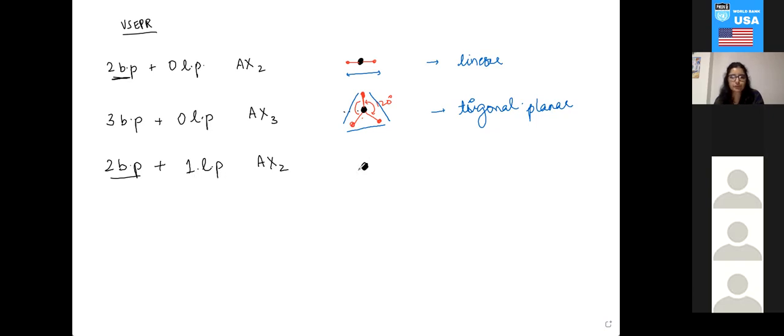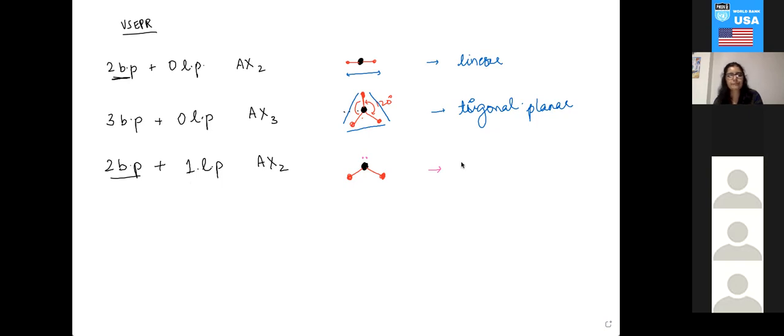So the X atoms will only be over here and over here, and the 3rd electron pair is a lone pair. The electron geometry is trigonal planar because it's a 3-sided, triangular shape. But what will the molecular geometry be?